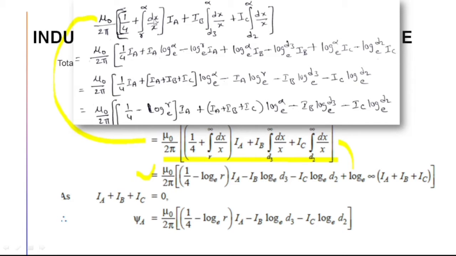This integral of 1 by x dx is log base e, into IA, and the upper limit is infinity.